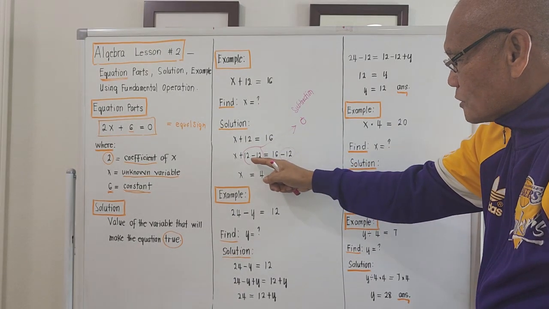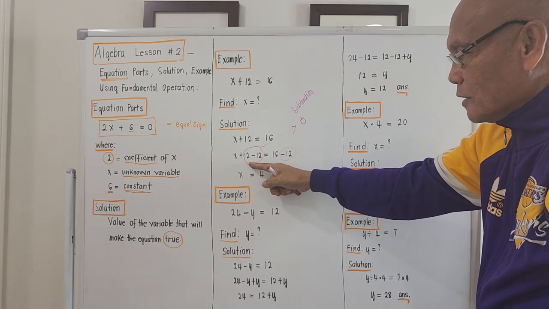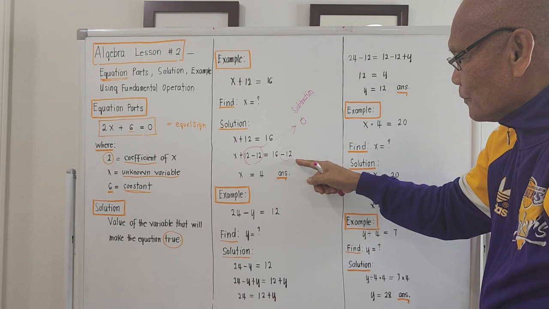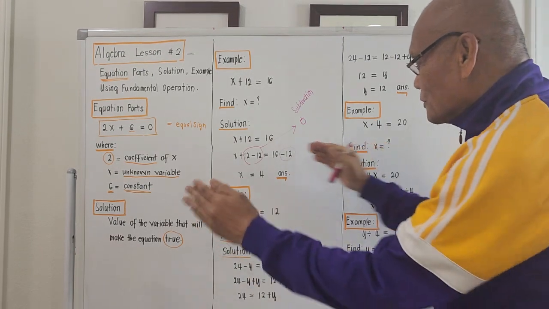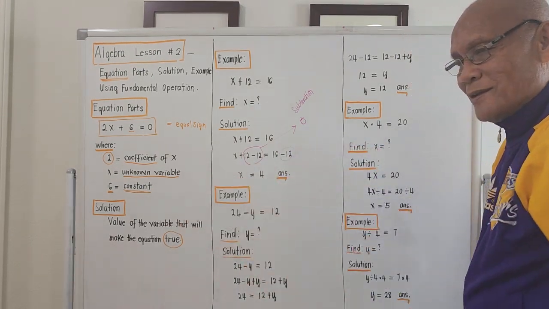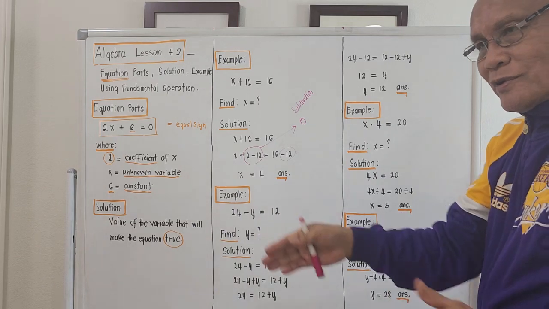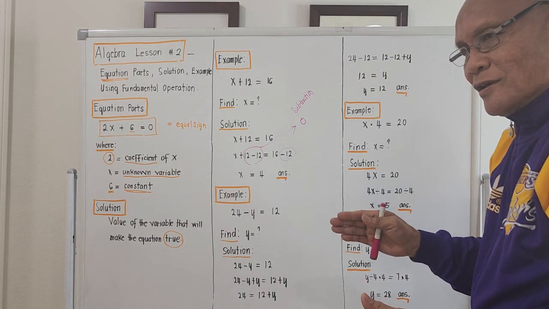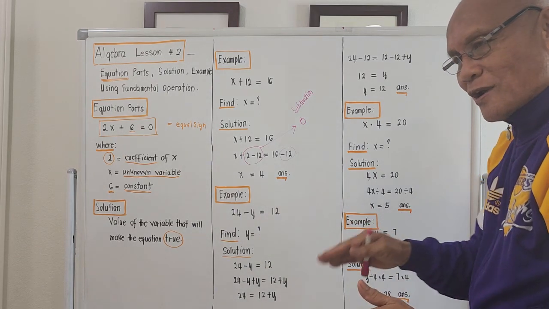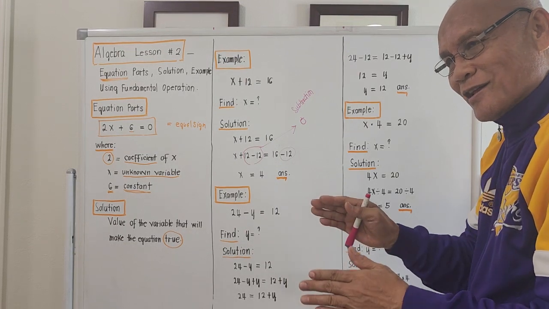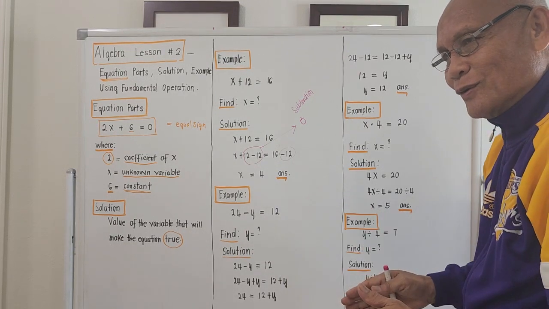So we subtract negative 12 on the left, we subtract negative 12 on the right. And if we try to simplify this now, that's why I said in my short videos that after the subtraction or addition, there should be some simplification.